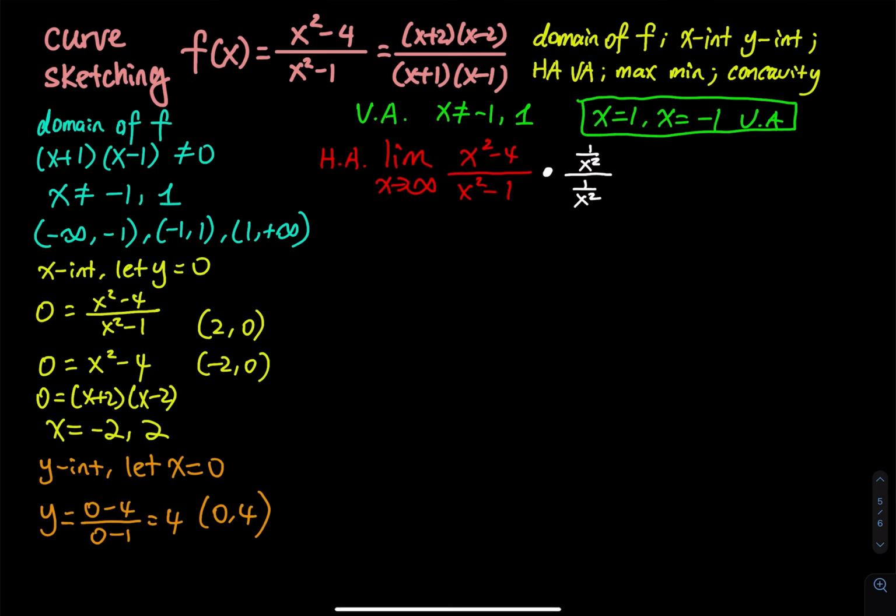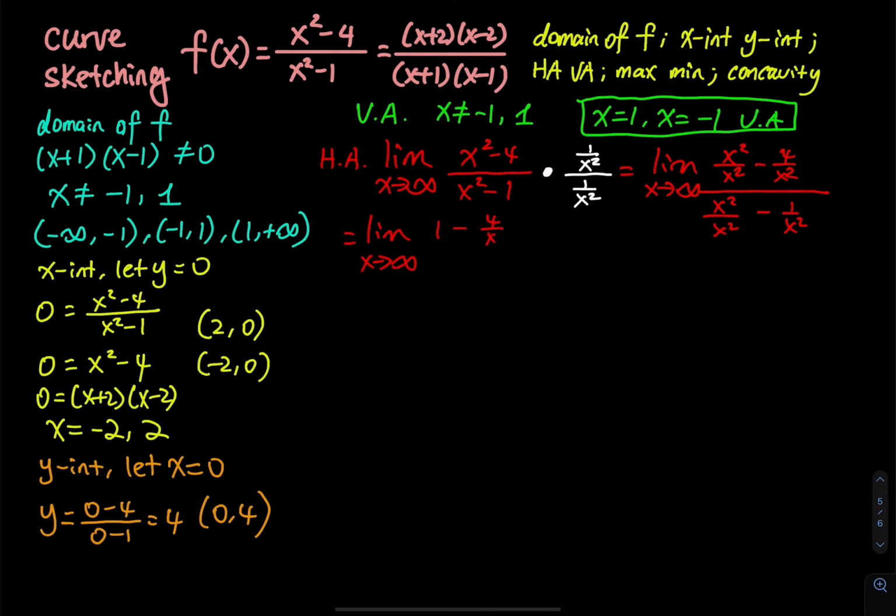Alright, so divide each term by x squared, then you have the limit as x approaches infinity of x squared divided by x squared minus 4 divided by x squared, over x squared divided by x squared minus 1 divided by x squared. So you have the limit as x approaches infinity of 1 minus 4 divided by x squared over 1 minus 1 divided by x squared.